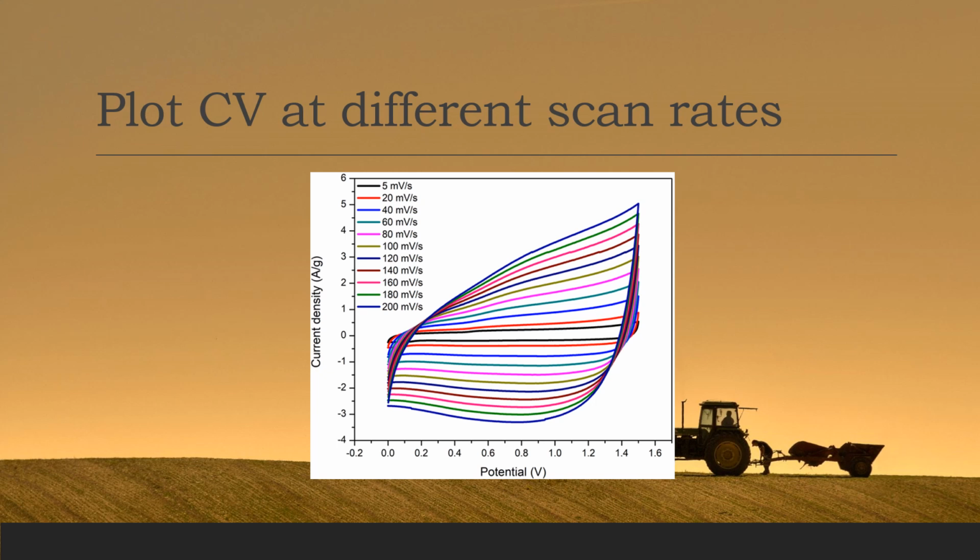In this case, the shape is quasi-rectangular, suggesting that the electrodes were properly mass balanced. Then from here, you can also see whether the shape deviates or not upon increasing the scan rates. That's also an important thing to see in this graph.